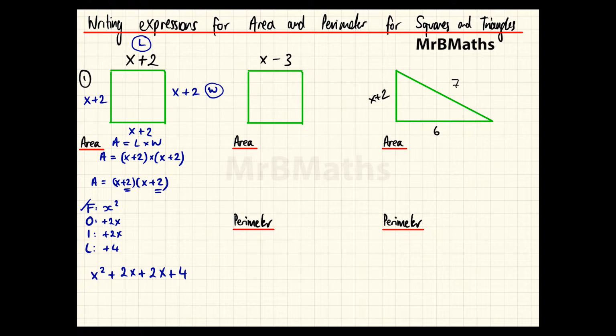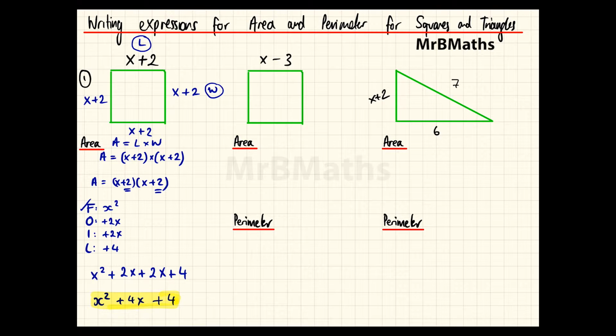We can then collect like terms, so we've got one value of x squared in this entire expression, then plus 2x and plus 2x, which gives us plus 4x, and then we just have the number, plus 4. So the expression for area for this square is as follows: x squared plus 4x plus 4.